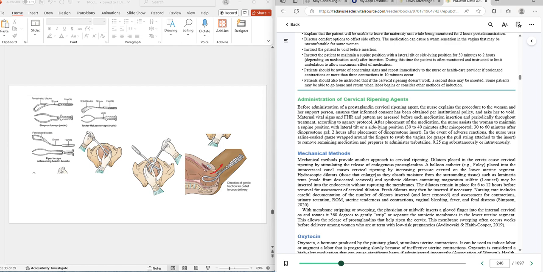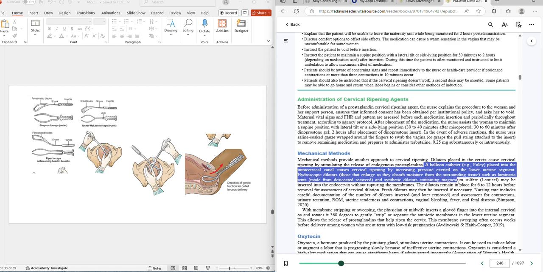What they do is take a red rubber catheter, and they have some that are designed specifically for inducing labor now, but you can use a straight cath. You insert the balloon catheter into the cervical opening, the cervical os, and you inflate it with, of course, saline fluids.